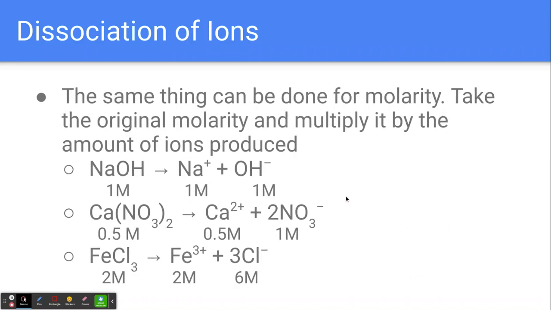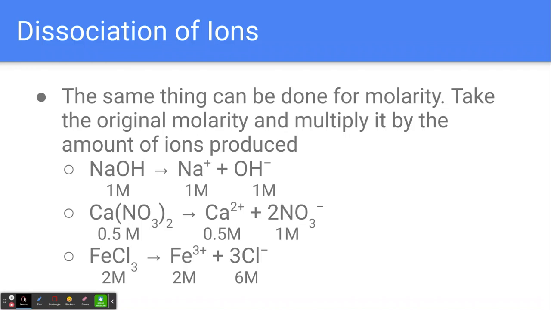Now, the same thing can be done for molarity. What you can do is take the original molarity and multiply it by the amount of ions produced. So if we dissolved 1 molar sodium hydroxide, you're going to get 1 molar of sodium and 1 molar of hydroxide. Let's say we're only dealing with a half molar of calcium nitrate.